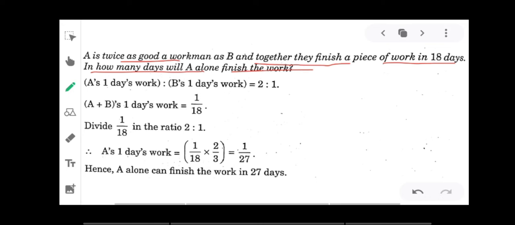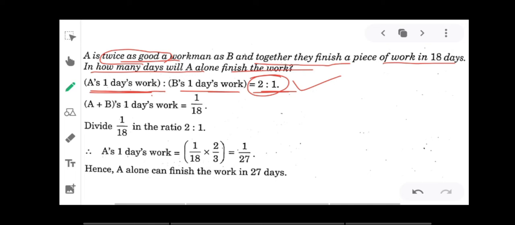Okay, A is twice as good as B. That means A's 1 day work to B's 1 day work equals 2 is to 1, because A is twice as good a workman as B. So their 1 day work ratio will be 2 is to 1. Clear?